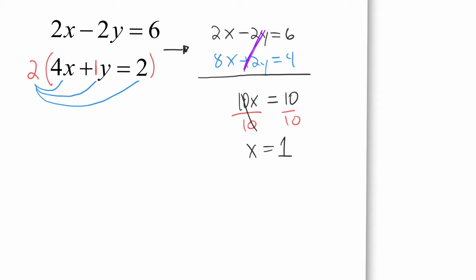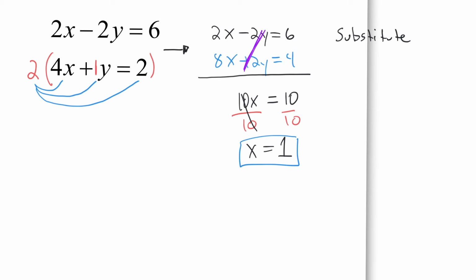Now the next step, you need to find the y. So you are going to go back to one of the original equations and substitute this value. Let me put a box around the x here, x equals 1, into one equation. It doesn't matter which one. I'm going to write down the word substitute, so you remember that you need to substitute.